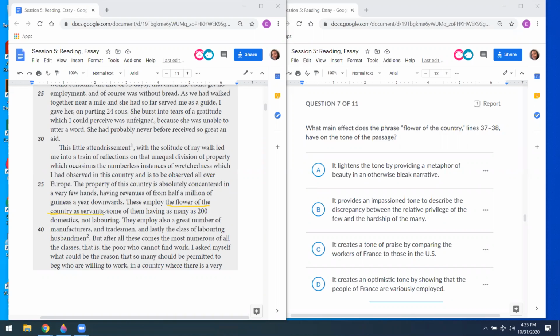It's a difficult way of me explaining it, but the main idea is that the flower of the country is like the majority of the population. Because the flower of the country is like an important object of the country, and the whole passage is talking about how they're feeling hardships. So if you combine those together, it gets me to the answer.